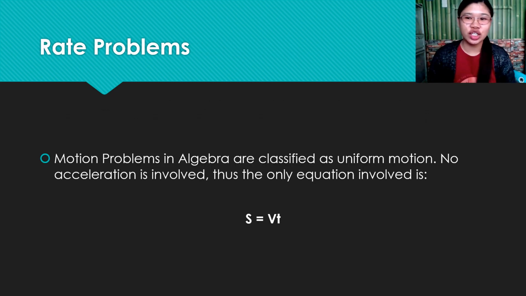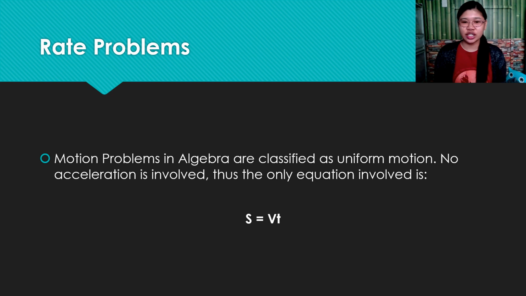So this is just a few reminders for the rate problems. This is our last content for today. So for rate problems or motion problems in algebra, this is usually classified as uniform motion.